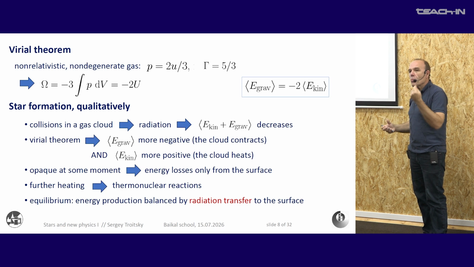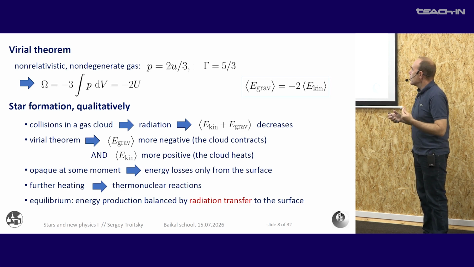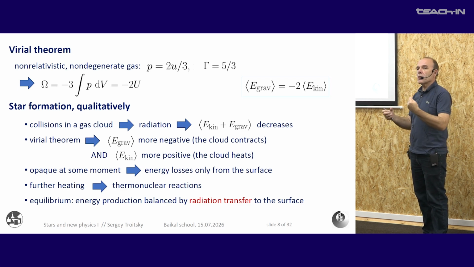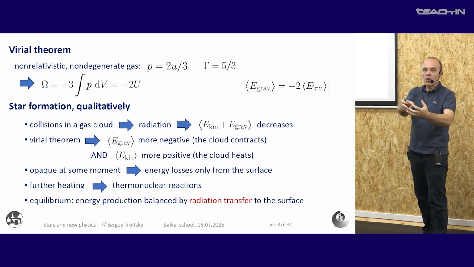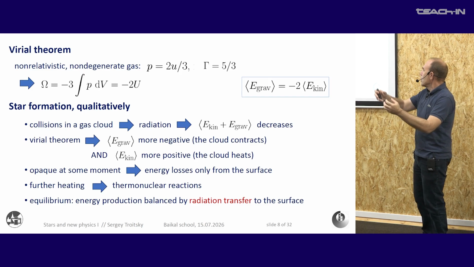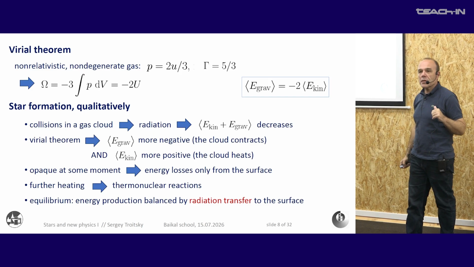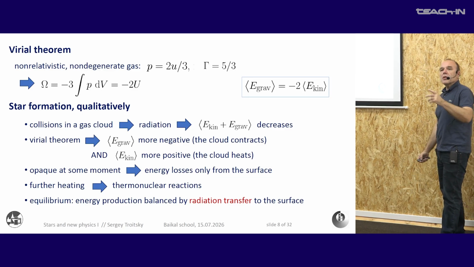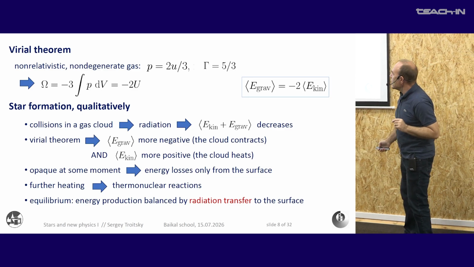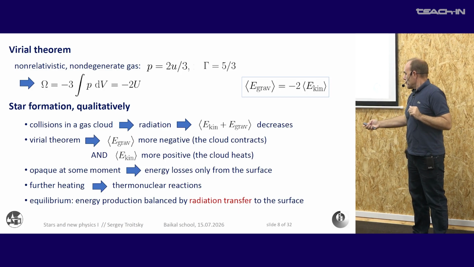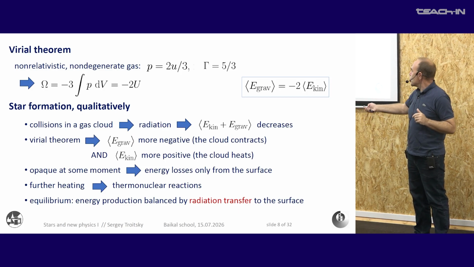So the key moment for the stellar equilibrium, for the stellar life, is the transfer of this energy from the center to the surface. And this gives us the idea of the next equation. Actually, the next two equations will describe this radiation transfer.